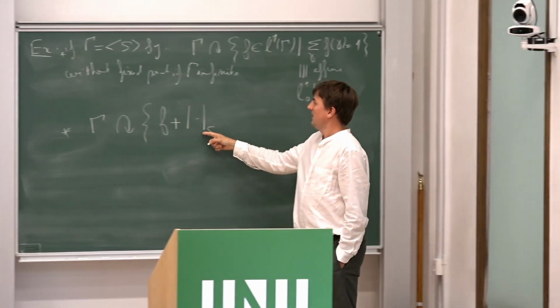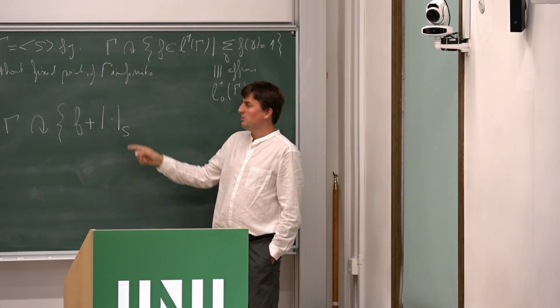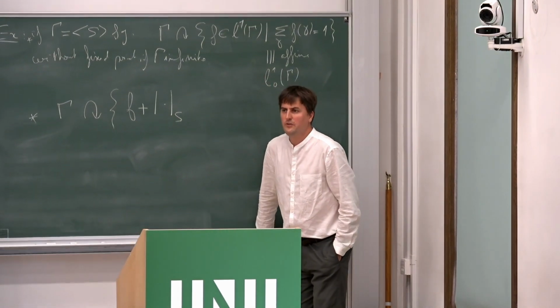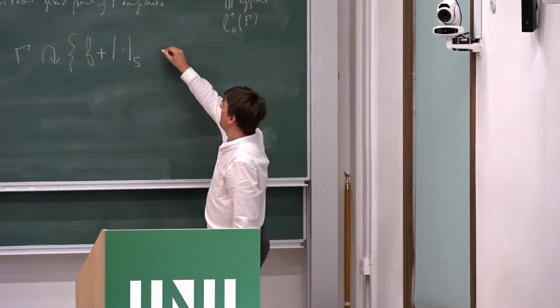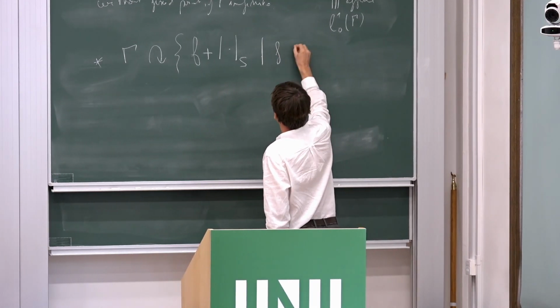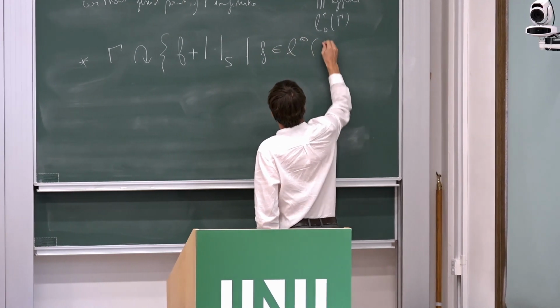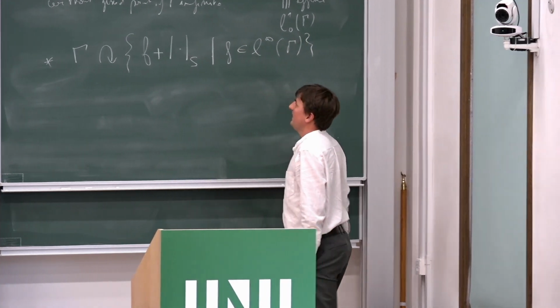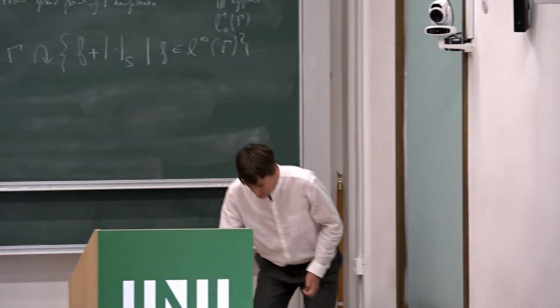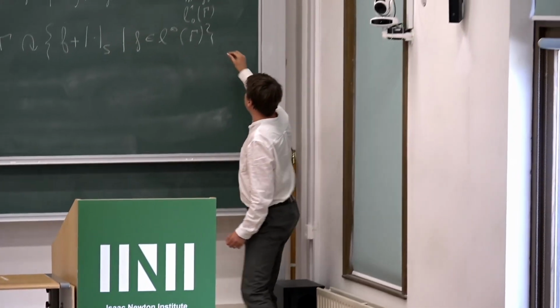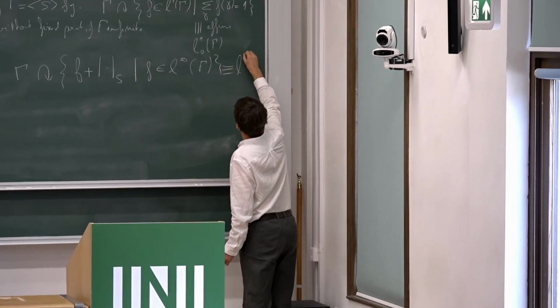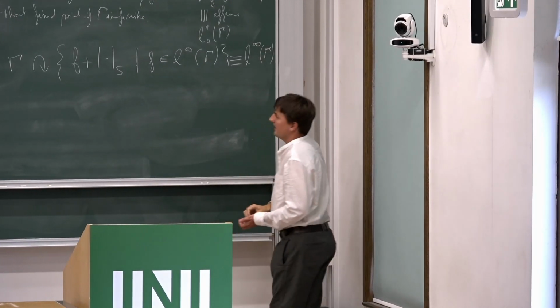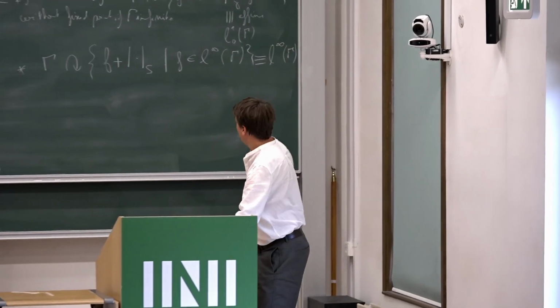So this absolute value of x_S is the word length with respect to the finite generating set S. Okay, so this as an affine space is just L infinity of gamma.